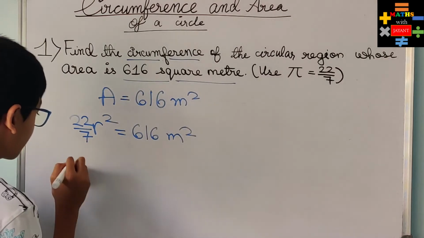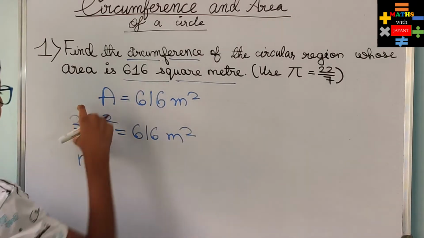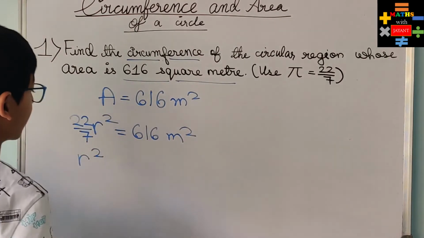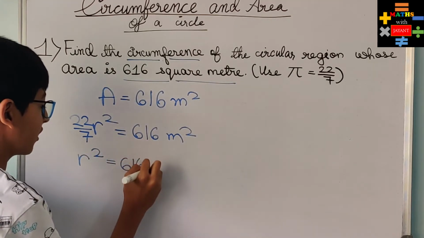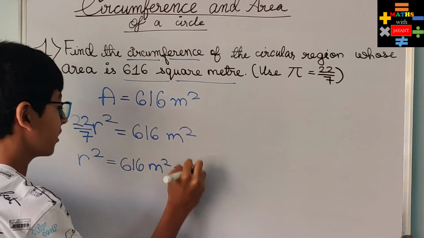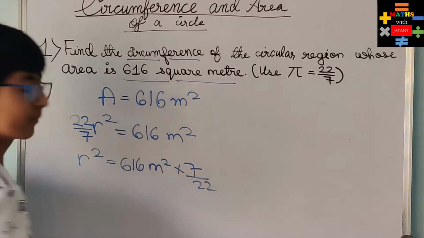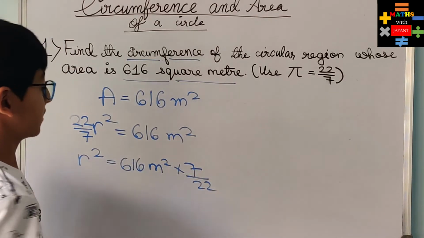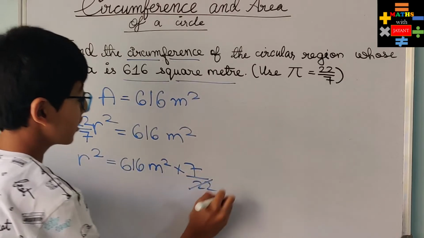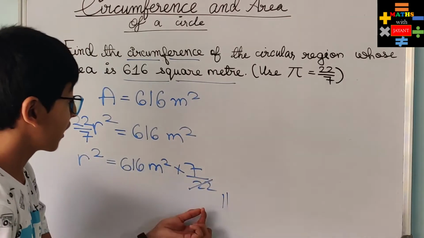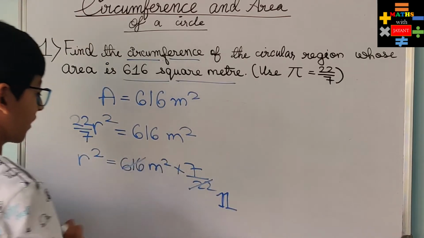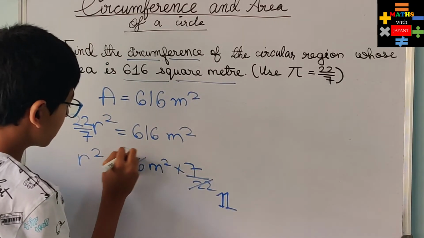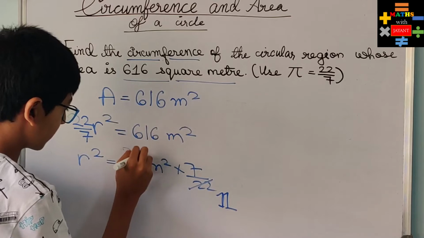Right? So I would take this 22 by 7 to the other side and leave radius squared alone. Why? Our main aim is to find the radius. 616 meters squared into 7 by 22. I could cancel 22 by dividing by 2. This becomes 11. And this, once I divide by 2, I get 308.